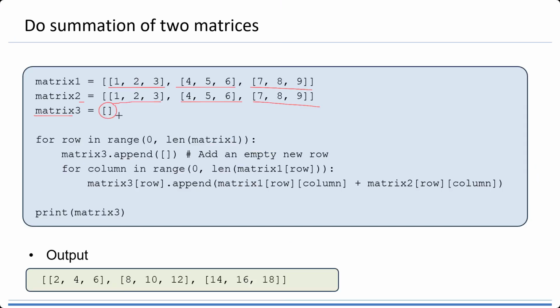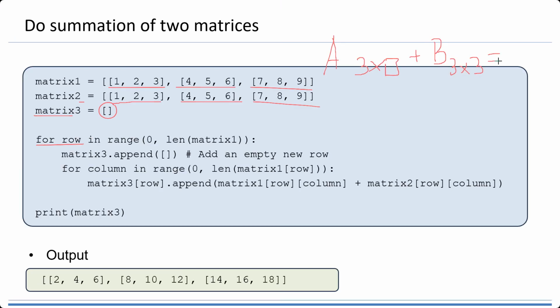Now, we can do the for loop for the matrix. You can see that this matrix is 3 multiplied by 3. Let's suppose we have matrix A, 3 multiplied by 3, plus matrix B, 3 multiplied by 3.